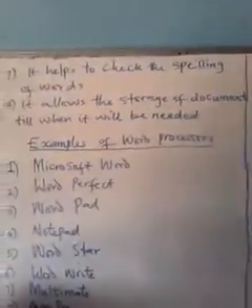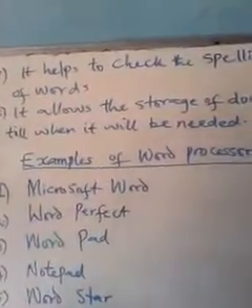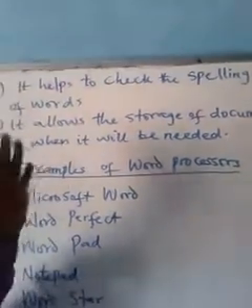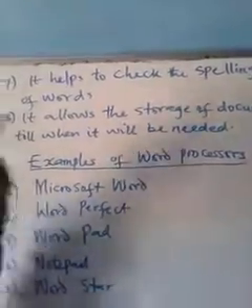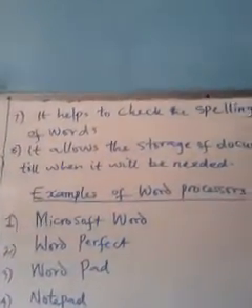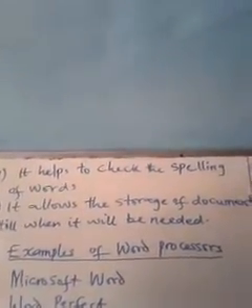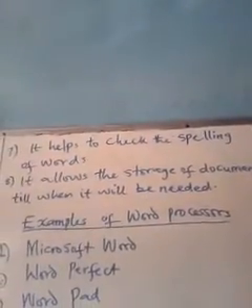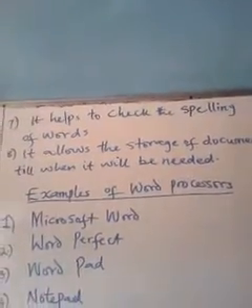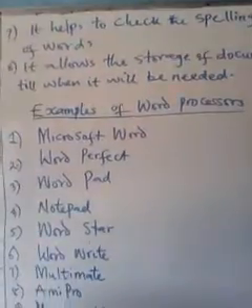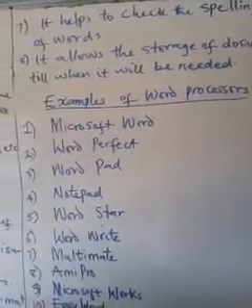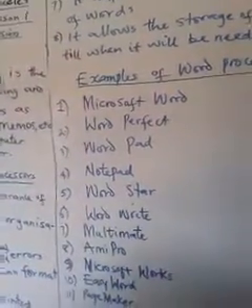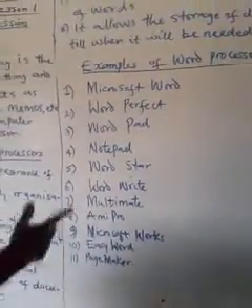At times you type a word wrongly, but the word processor will underline any wrong spelling, so you don't have to come back again to do double the job. So a word processor is very important, very nice. Number eight, it allows the storage of documents for when they will be needed.